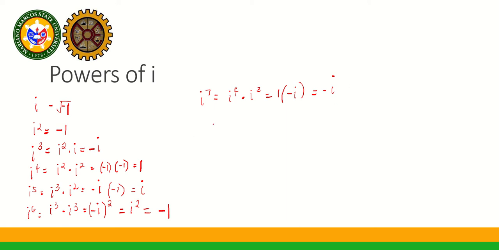But let's still try. So, i raised to 8 is equal to, pwede siyang i raised to 4 times i raised to 4. And i raised to 4 is equal to 1. So this is 1 times 1, and the result is 1.